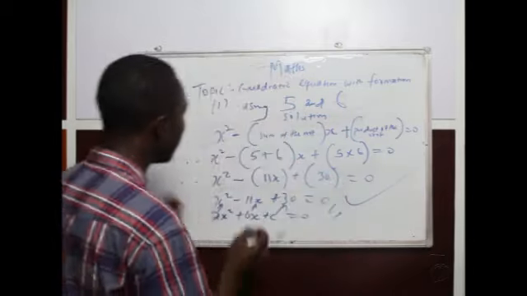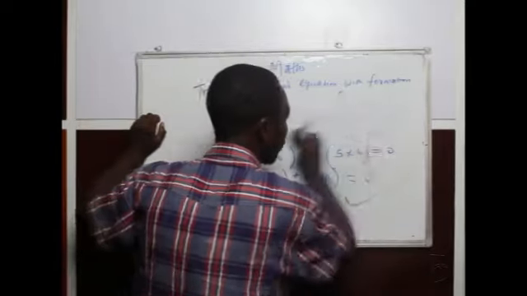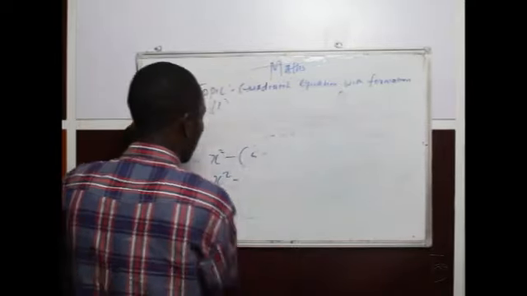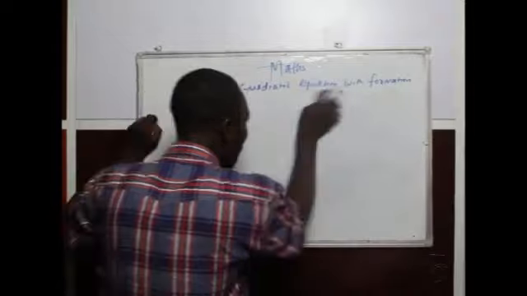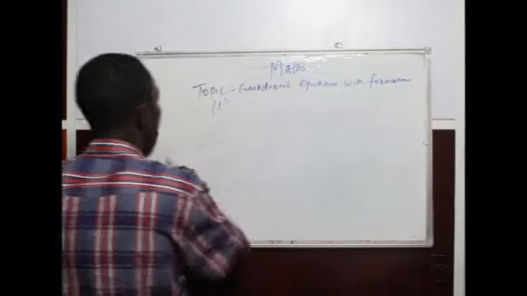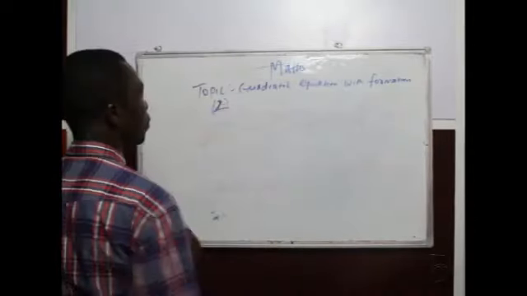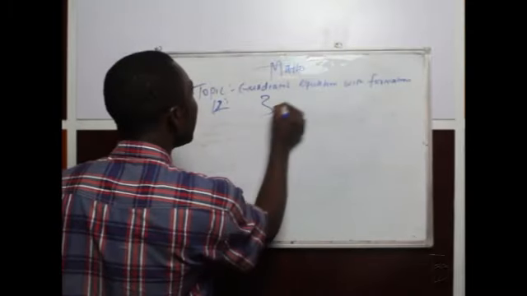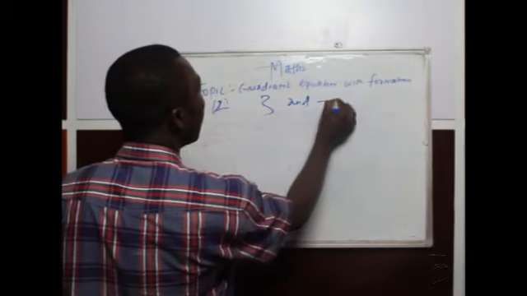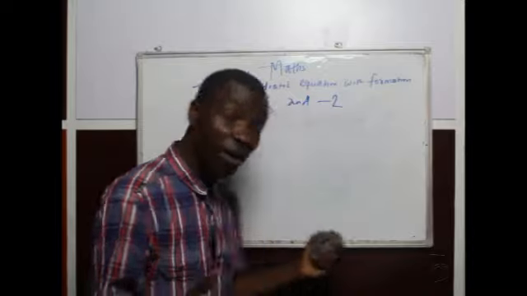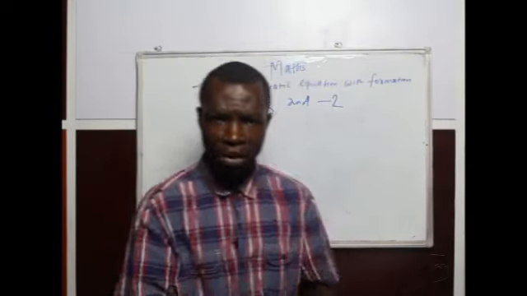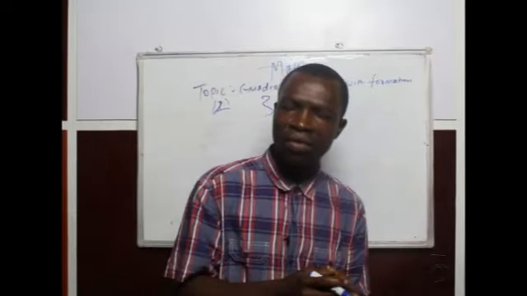Let's consider the B part, where we have minus and plus: 3 and minus 2. Now, the first example we saw earlier on was 5 and 6, that is, both positive. Now, we want to use one that has a positive and a negative.